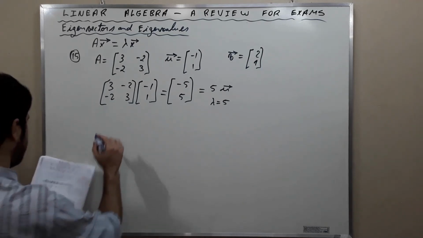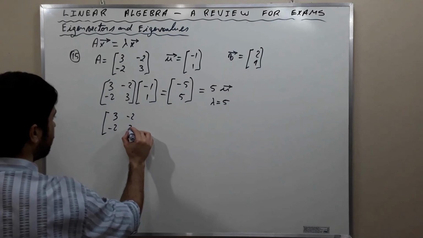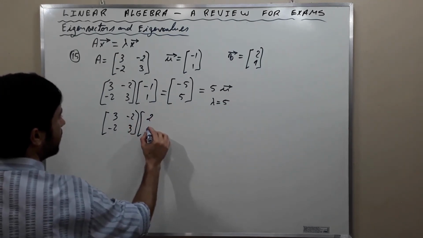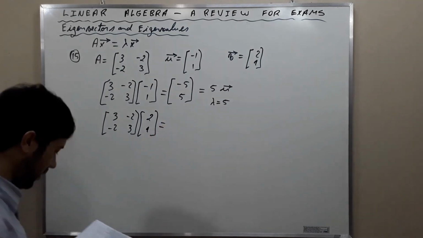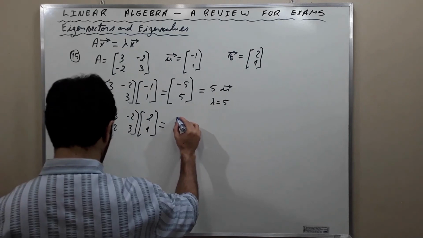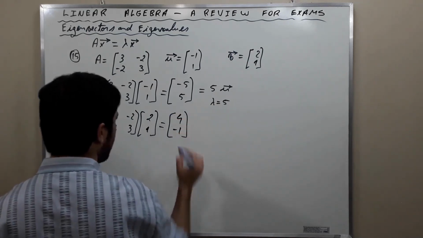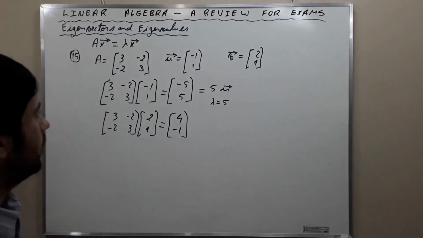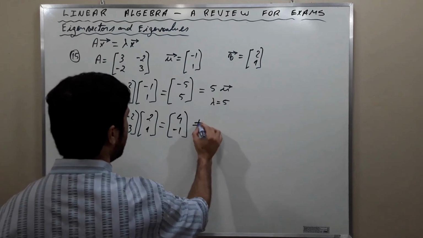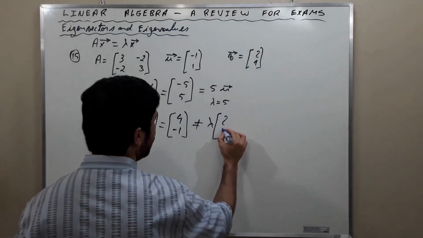So U is the eigenvector and 5 is the eigenvalue associated with this eigenvector. And now let's apply the transformation to this vector here. Okay, and we find that it is equal to 4 and -1. And this is not equal to any lambda multiplying 2 and 1.